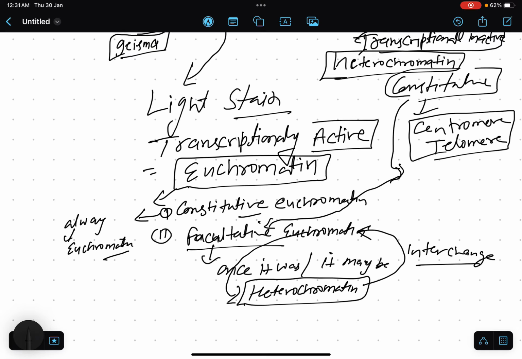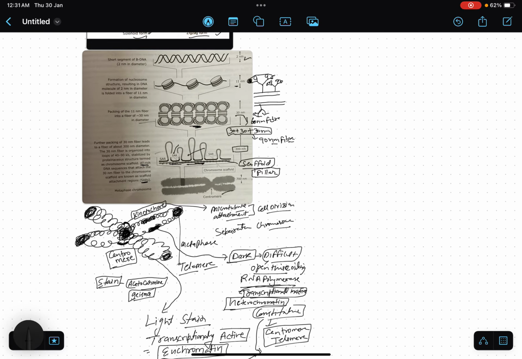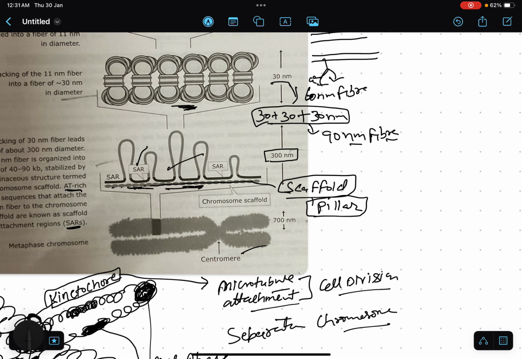However, there are a lot of proteins I forgot to tell you about here. In this packing, this is the scaffold filler protein known as the SAR.